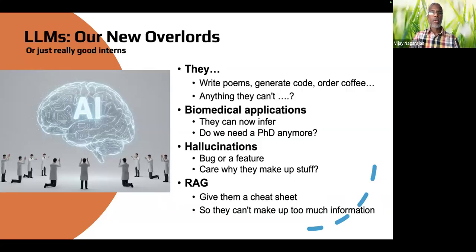LLMs, large language models, AI, aka ChatGPT. Its counterpart from Google is the Gemini line of models. Meta has Llama models. X has Grok, and you have Claude. ChatGPT is from OpenAI. By this time, they literally can do almost everything.